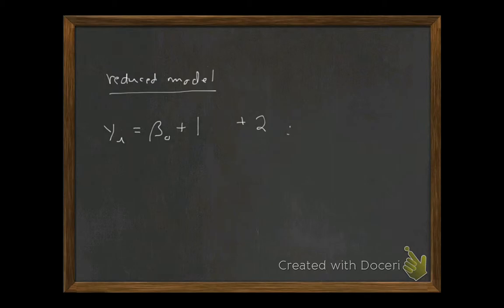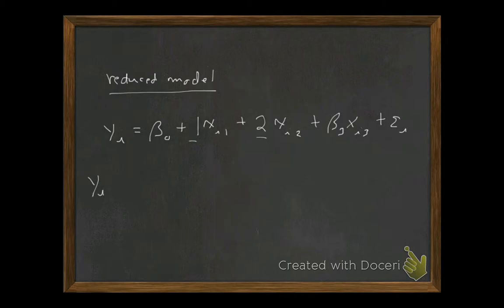Losing my mind here. Well, I'm glad I caught that. That would have been horrible. Plus beta 3 x_i3 plus the error term. So, again, all I did is put in the values that we're actually testing.